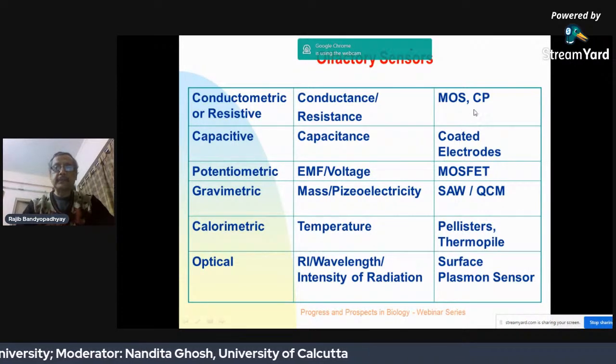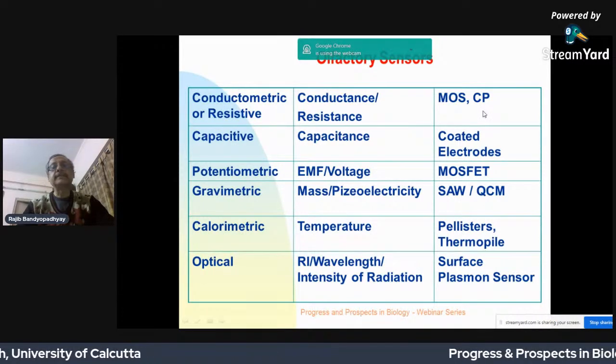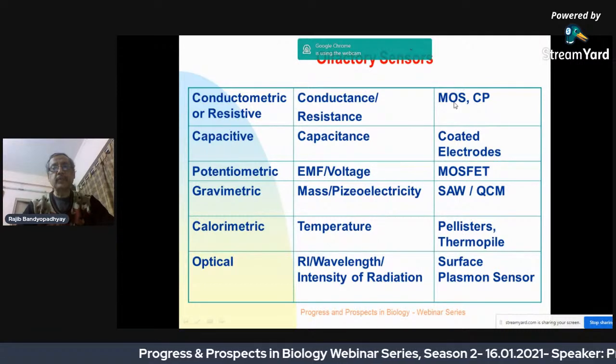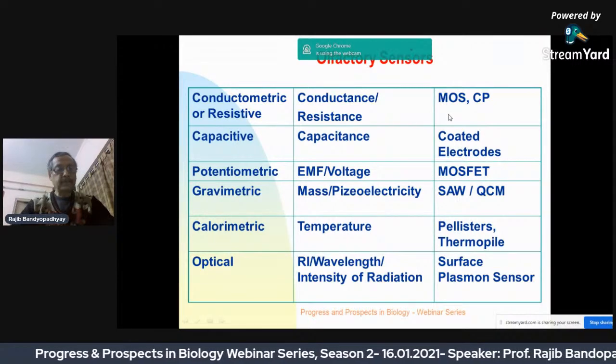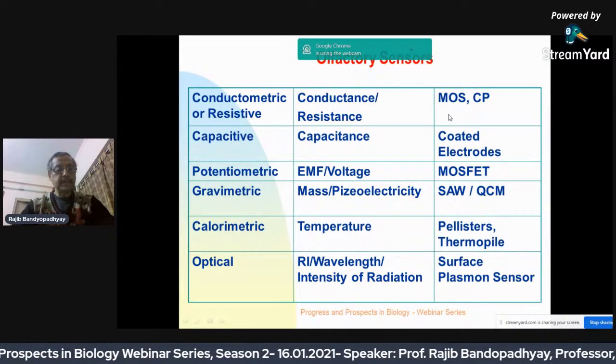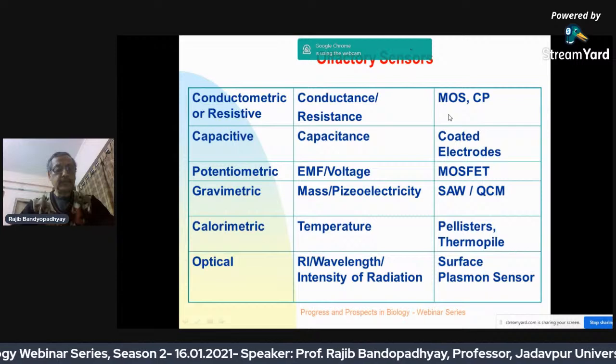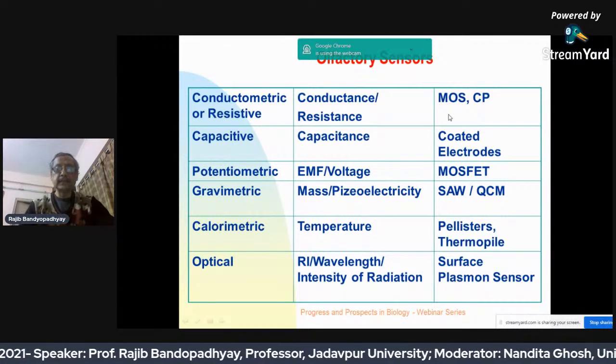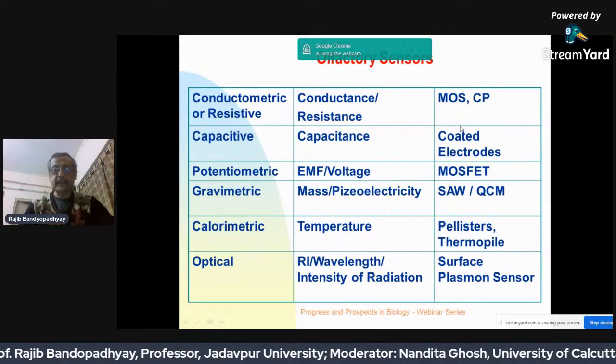And this is the conducting polymer, another type of resistive sensor. But the most popular type of sensor used in electronic nose is the MOS sensor. One example of the MOS sensor is that it is used by the policeman to check drunken drivers. That is quite successful, and that is quite stable.